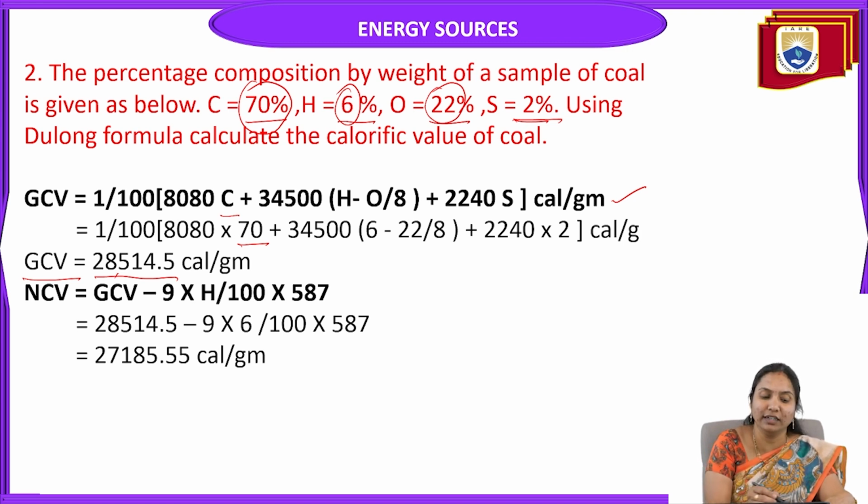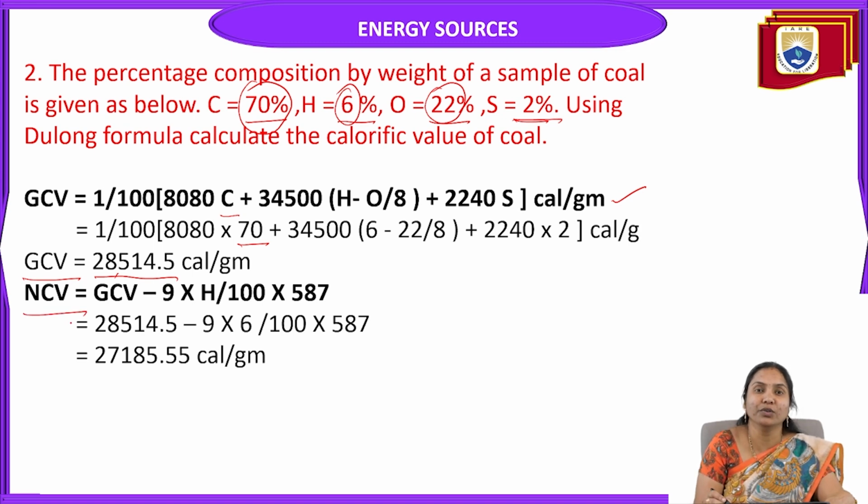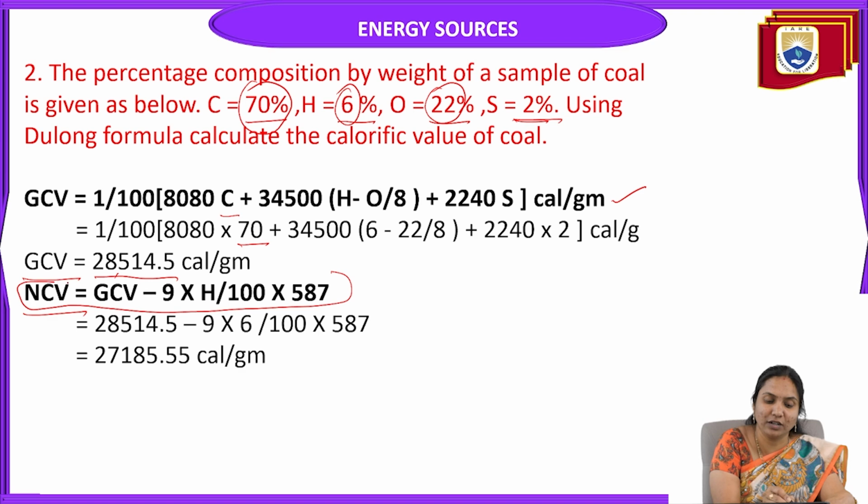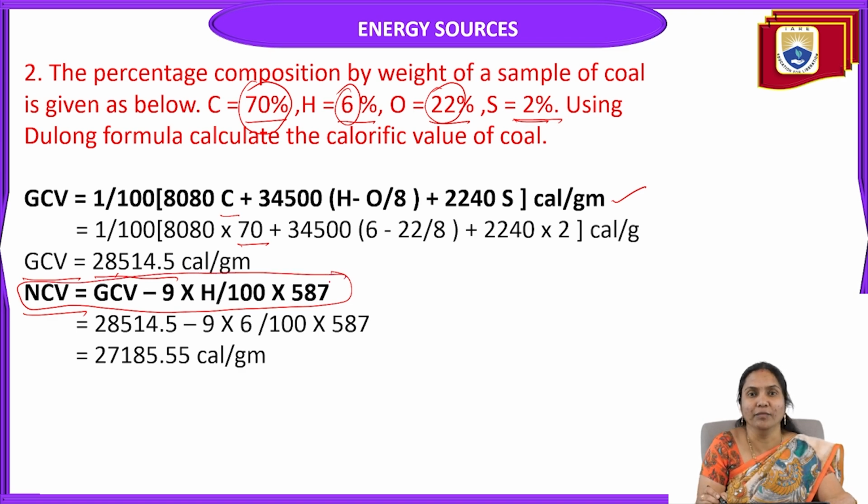Now you can calculate the net calorific value. NCV equals GCV minus 9 into H by 100 into 587. This is the formula used for the net calorific value of the fuel. Here H is the percentage of hydrogen present in the fuel, and 587 is the latent heat of vaporization of water.